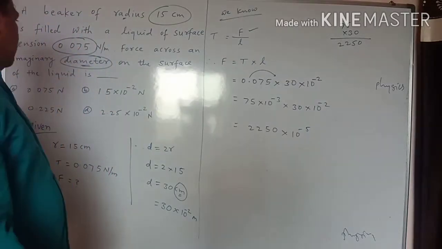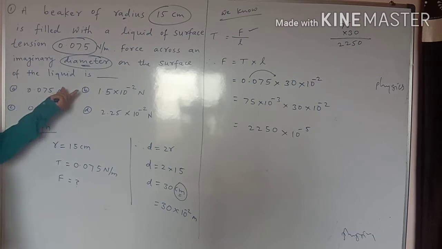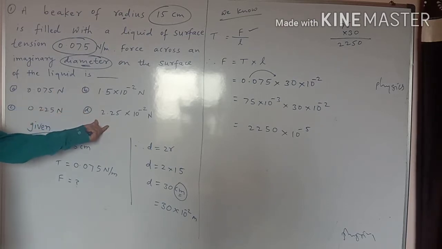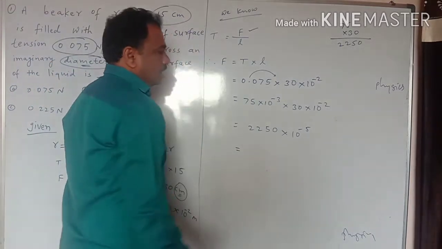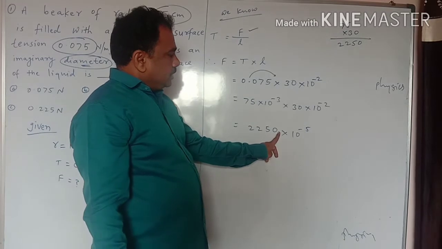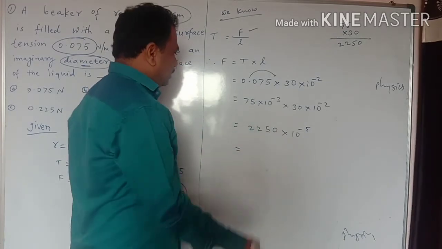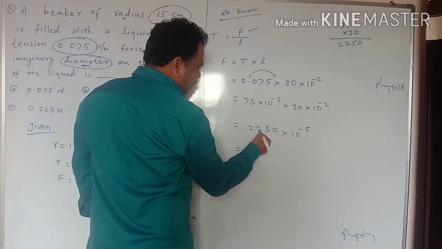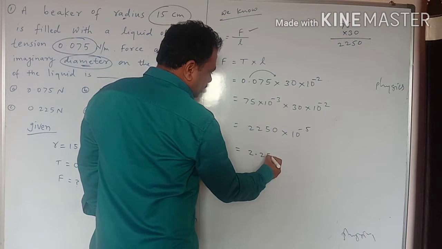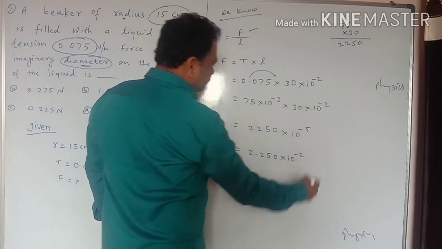Now concentrate on our options. Such options are given to us. The decimal point is shifted to the left-hand side, 1, 2, 3 places. After putting the decimal point on the left side, we get the exponent minus 2.